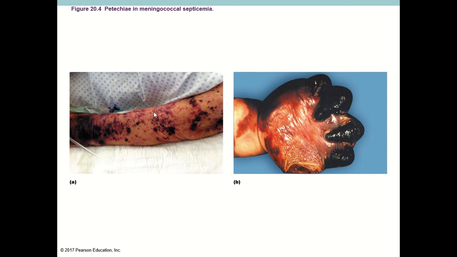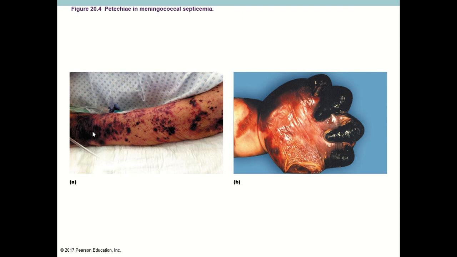So what we're looking at in these diagrams is meningococcal septicemia. These are called petechiae, right? These are evidence of the toxins that are released by this bacteria once it makes it into the blood. Again, lipid A endotoxin is released from this bacteria, and if it does manage to percolate into the tissues, then it's going to accumulate in the tissues, causing tissue death, right?